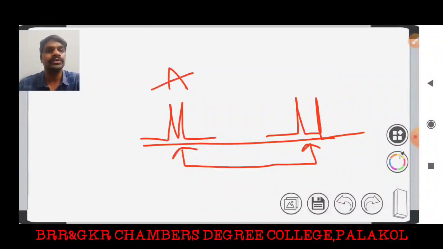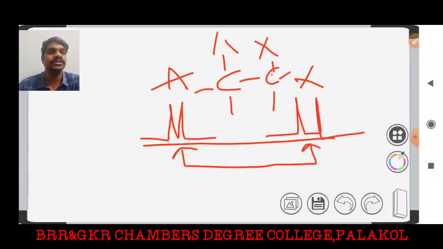This is for the A environment of protons, this is for the X environment of protons. So this is the splitting of spectral lines in the AX system.